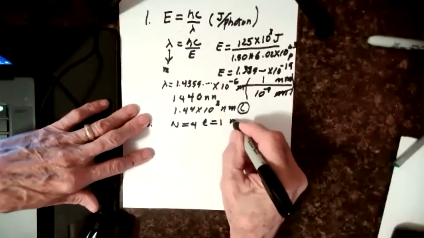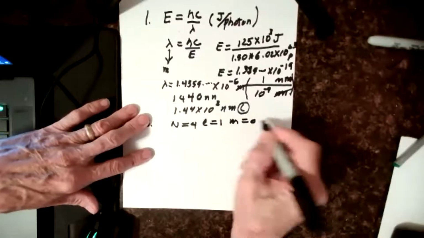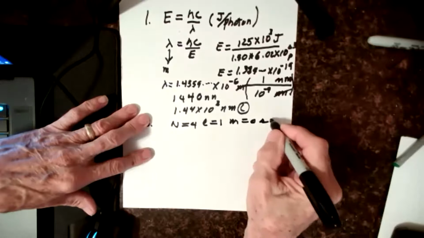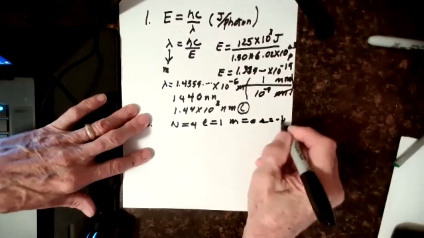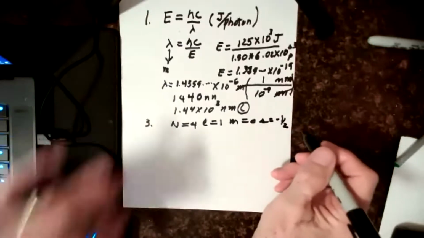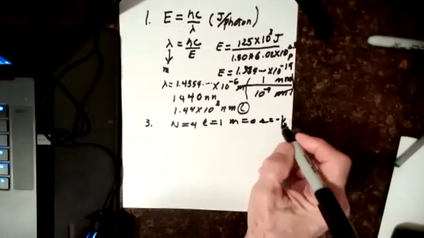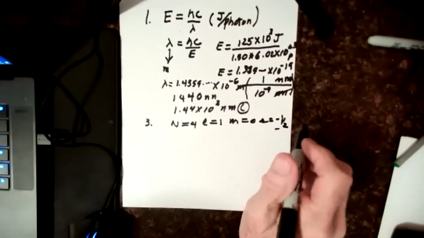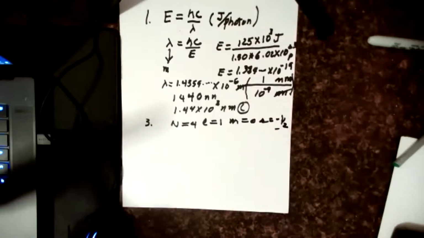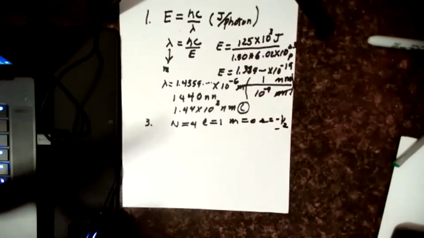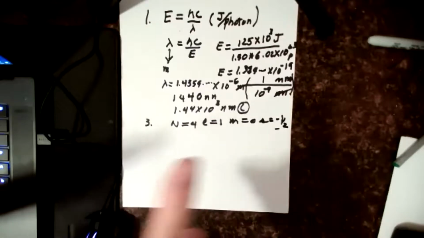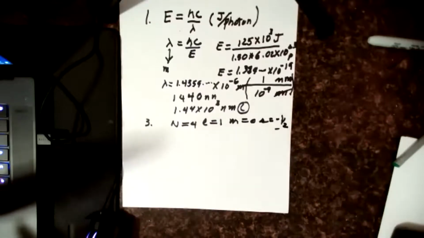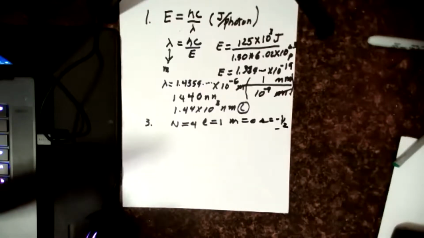We have M is equal to 0. And we have the spin is equal to minus 1/2. Now, I'm going to actually look at this number first. It's negative. Now, what did that tell me? It told me that I got to that electron by going all the way across an orbital and coming back, because the spin is down.